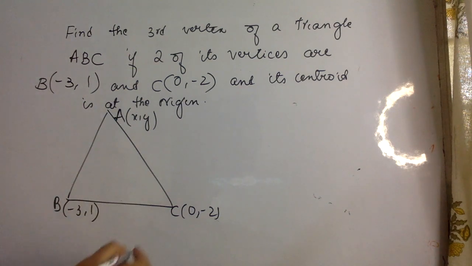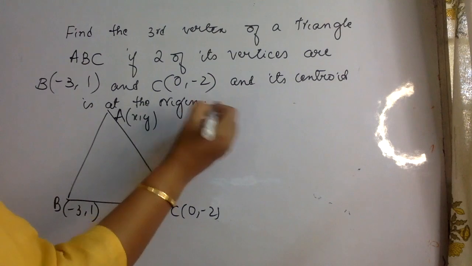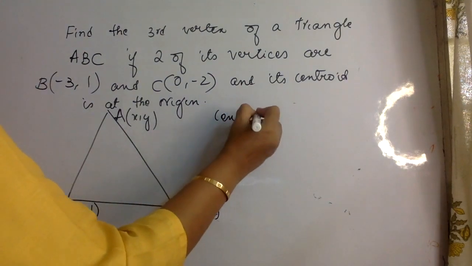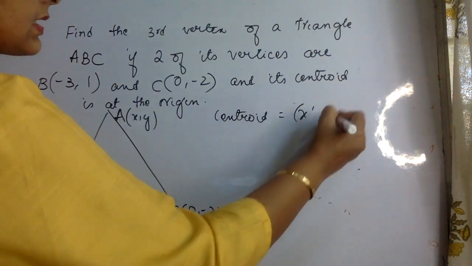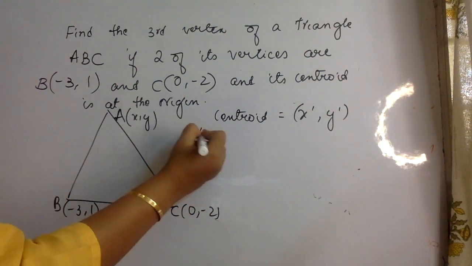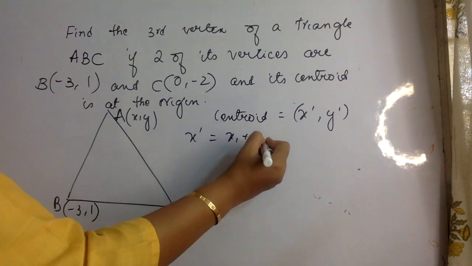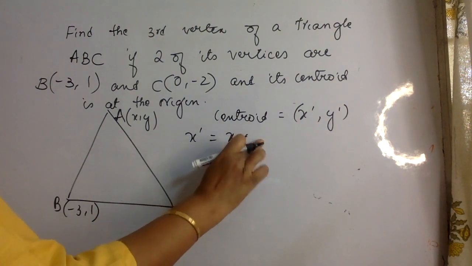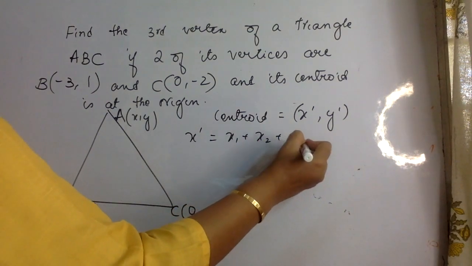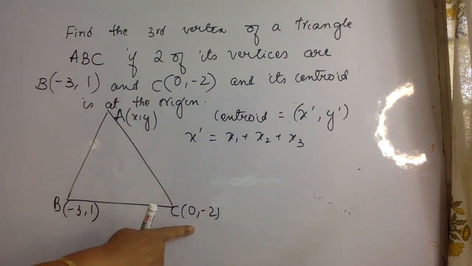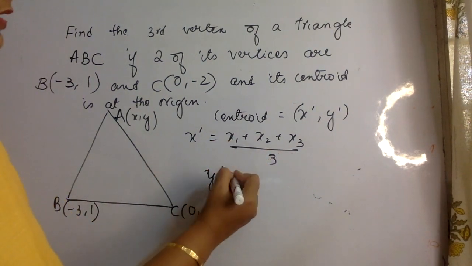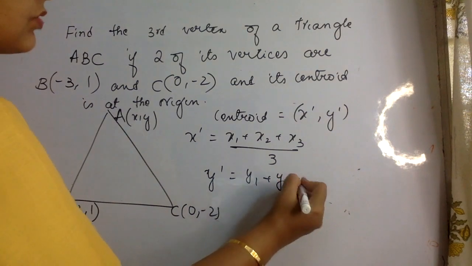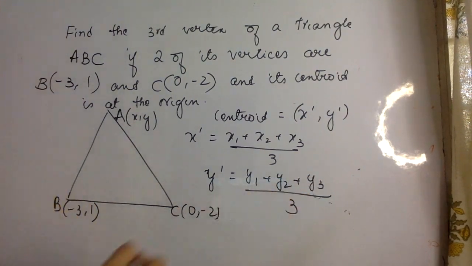Okay, so if the centroid of a triangle is, let's say we are taking the coordinates as x dash, y dash, then x dash is x1 plus x2 plus x3, that is the x here, the x here and the x here, by 3, and y dash is y1 plus y2 plus y3 by 3. Okay, that is the y here and the y coordinate here.